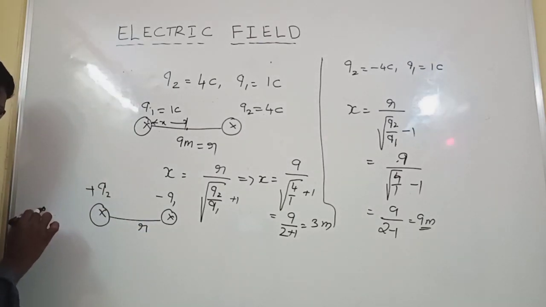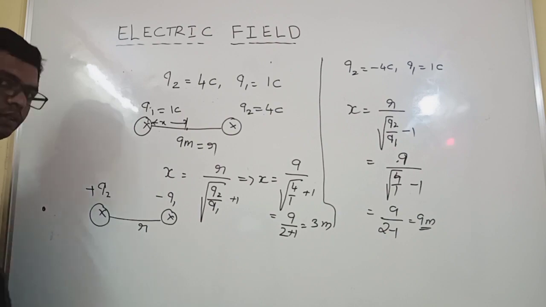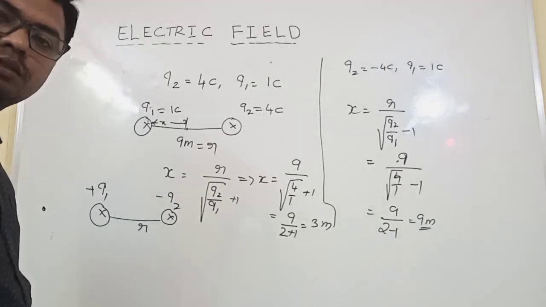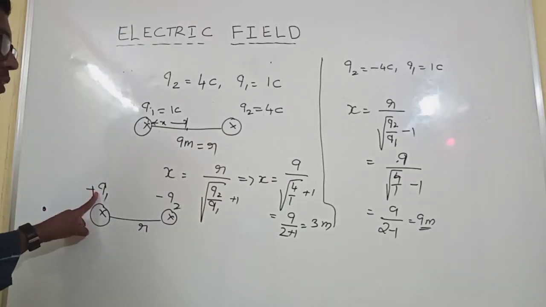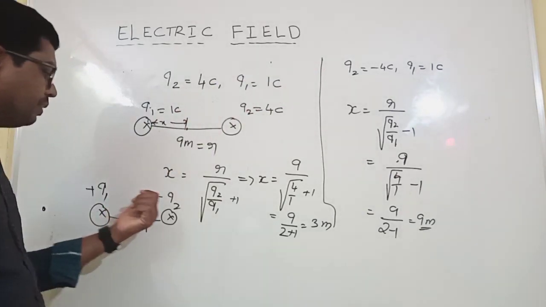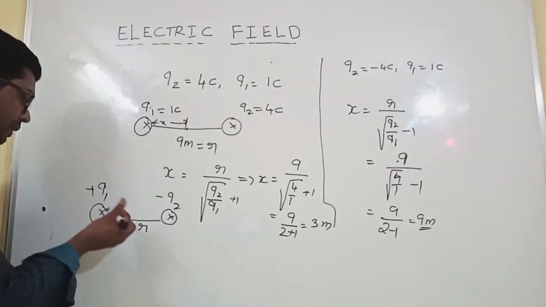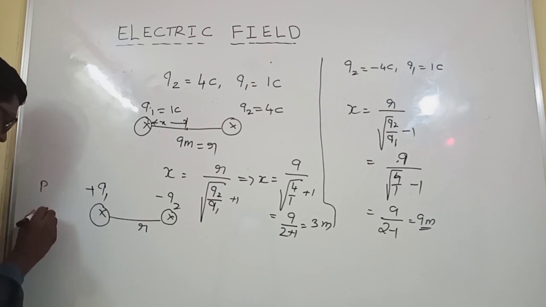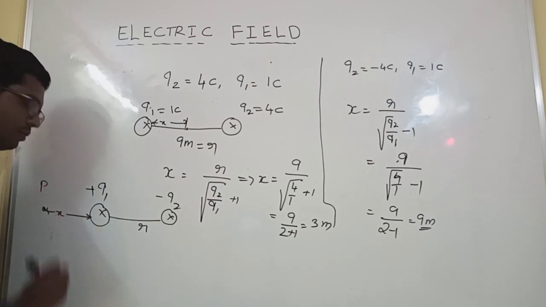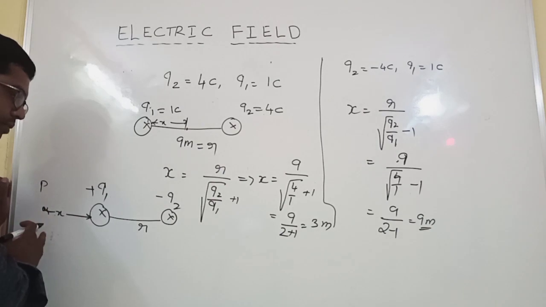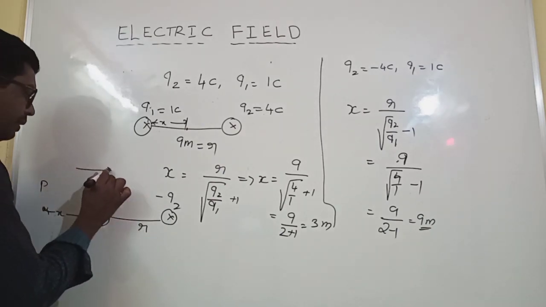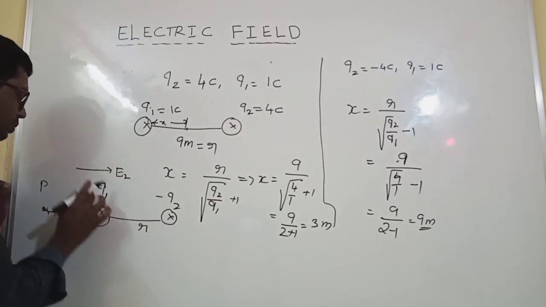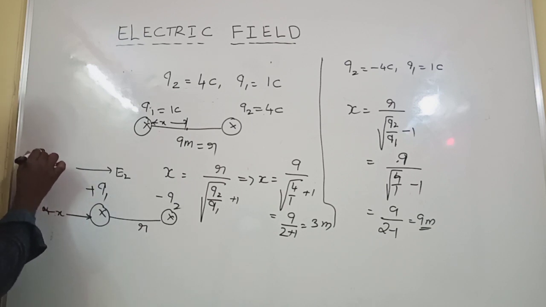At some point, or else you do another thing. Now Q1 is positive and Q2 is negative. So at a distance of x from Q1, that means outside, because the direction of the electric field due to this one is E2, due to this one is E1.